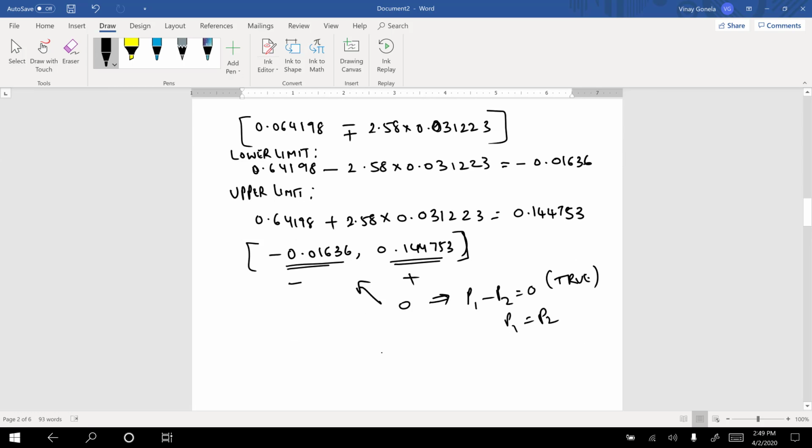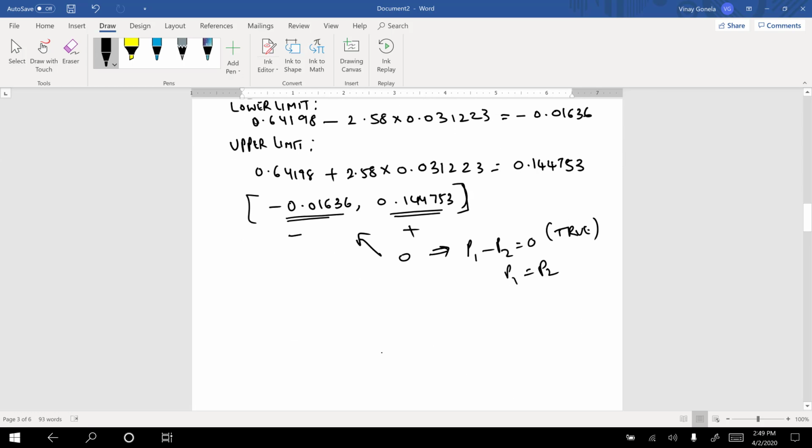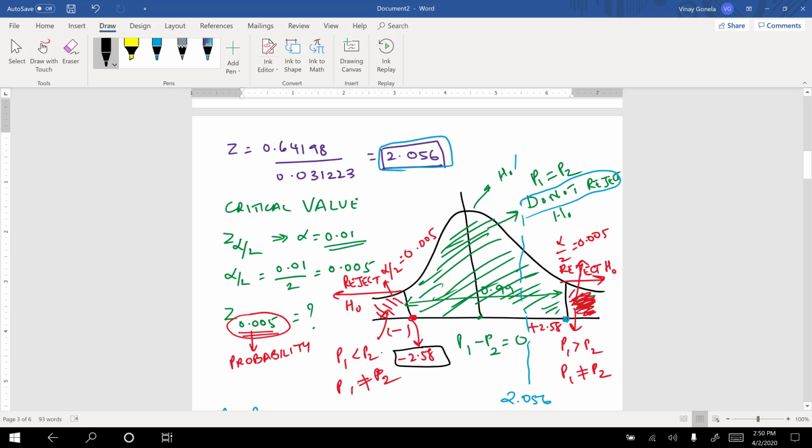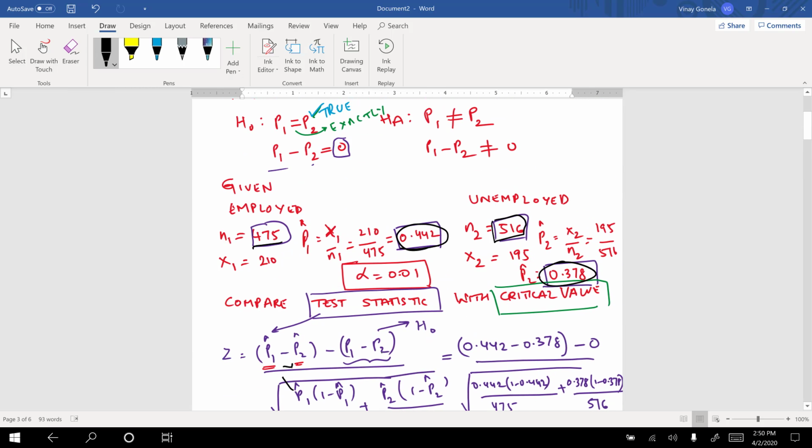So this is how we will be solving those problems, but I will now use calculation aids to solve this problem. So I will note down all these numbers.